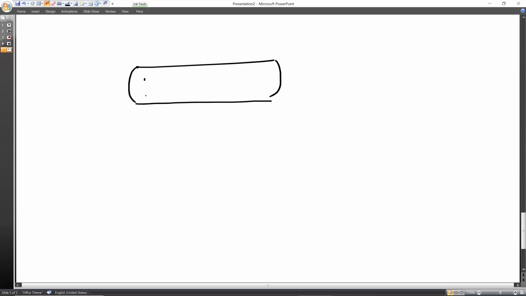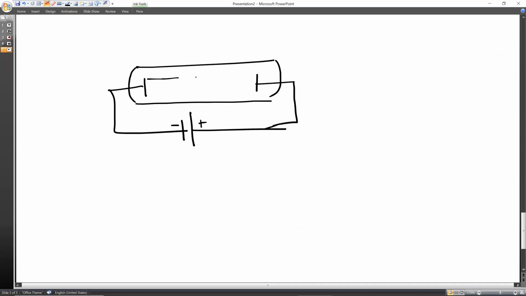Similarly, if you bring an electrostatic field, or electric field, nearer to these electrodes, they are also deflected in the presence of this electric field.